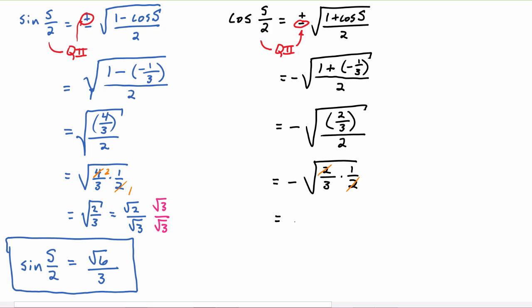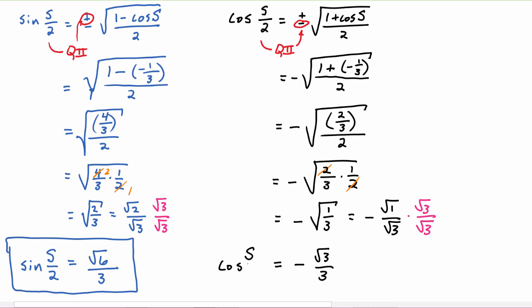So this becomes negative square root of 1/3, which we know is negative radical 1 over radical 3, and we have to rationalize. So we'll multiply by radical 3 over itself. Then this becomes negative radical 3 over 3. And this is the cosine of s over 2.